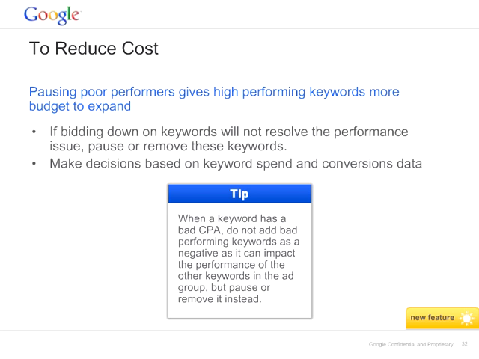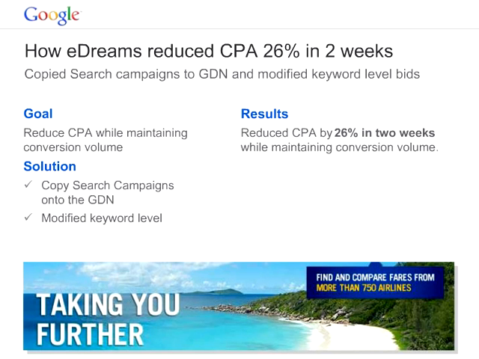We wanted to share another example of one of our advertisers who successfully implemented these optimization strategies. eDreams, a travel booking website, wanted to reduce their costs but maintain their current conversion volume. The strategy they took was copying their high-performing search campaigns onto the Google Display Network using AdWords Editor.